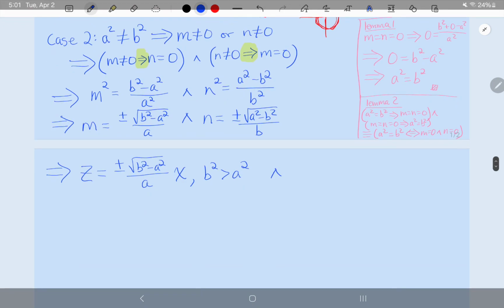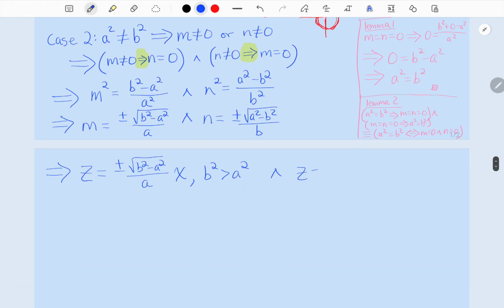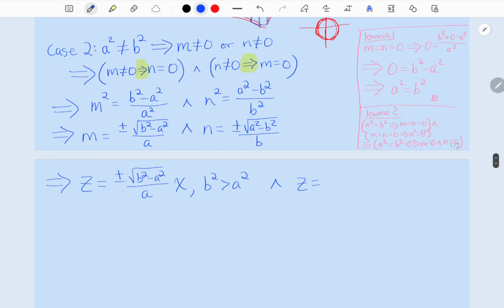And then you have z is equal to ny. So n is plus or minus the square root of a squared minus b squared divided by b, y. Because here m is 0, and over here n is 0. And this is the case when a squared has to be larger than b squared.